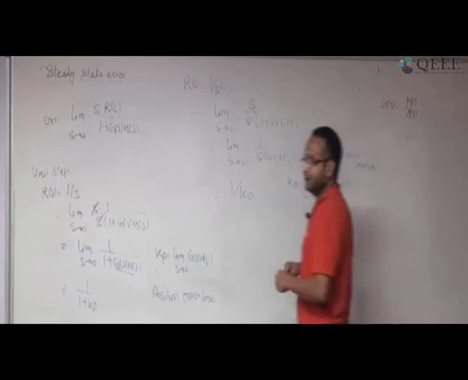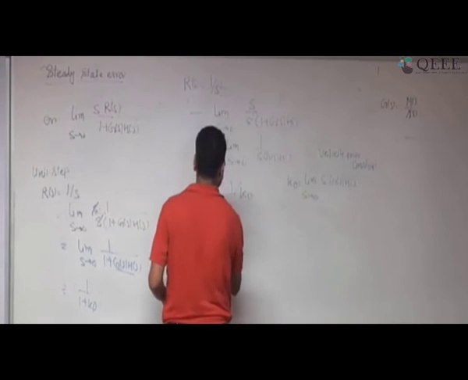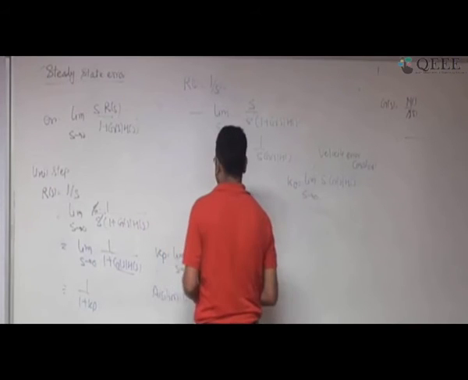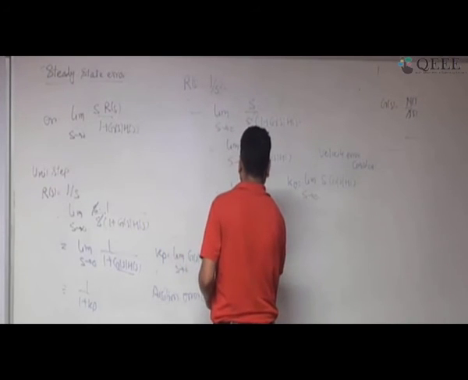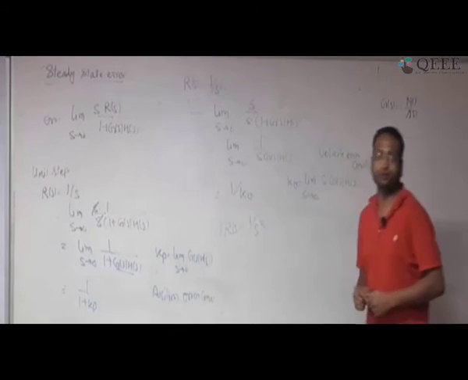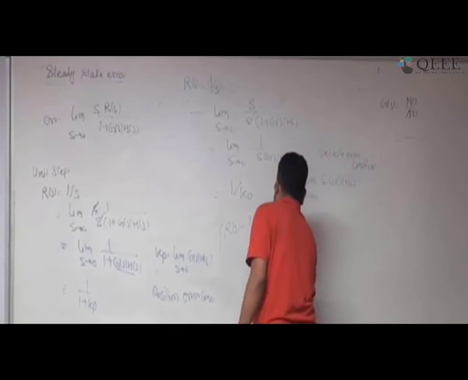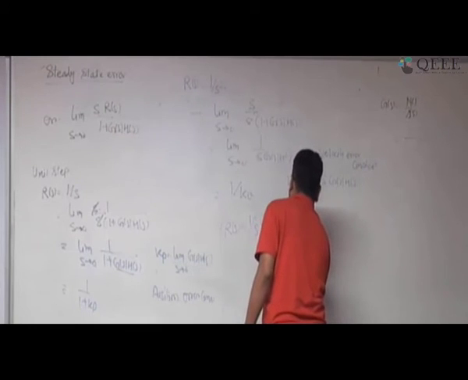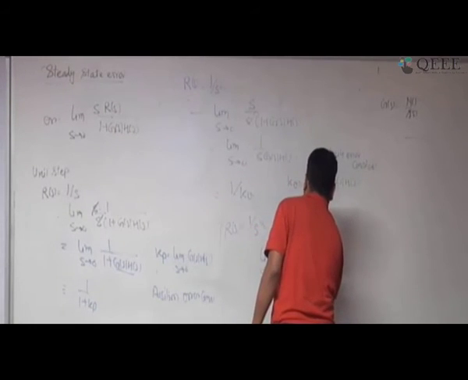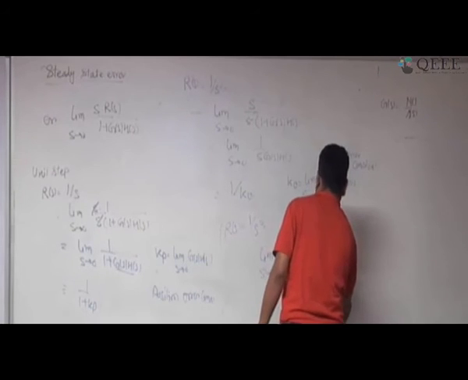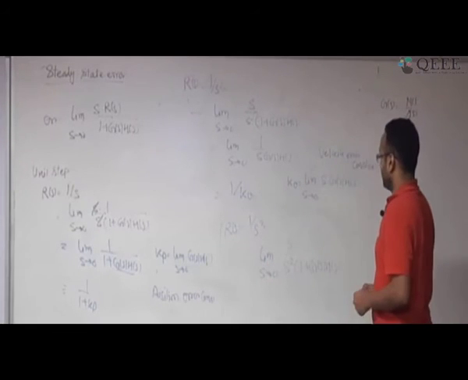Now, consider the input to be a unit parabolic. For the unit parabolic, R(s) is going to be 1 by s cube. In this case, if you solve it, limit s tends to 0 of s divided by s cube times 1 plus G(s)H(s).